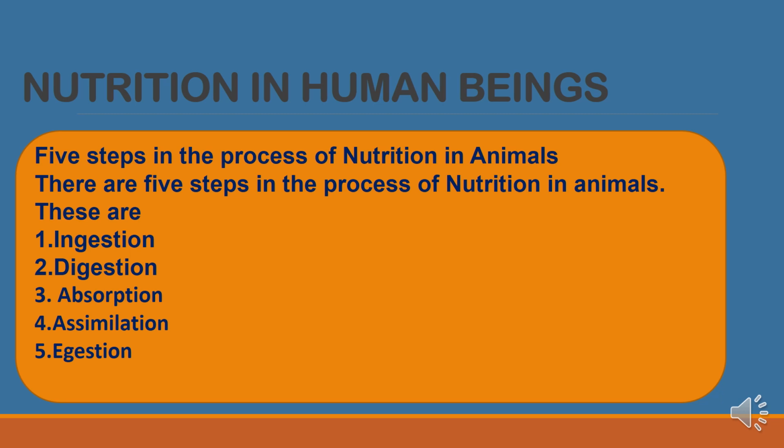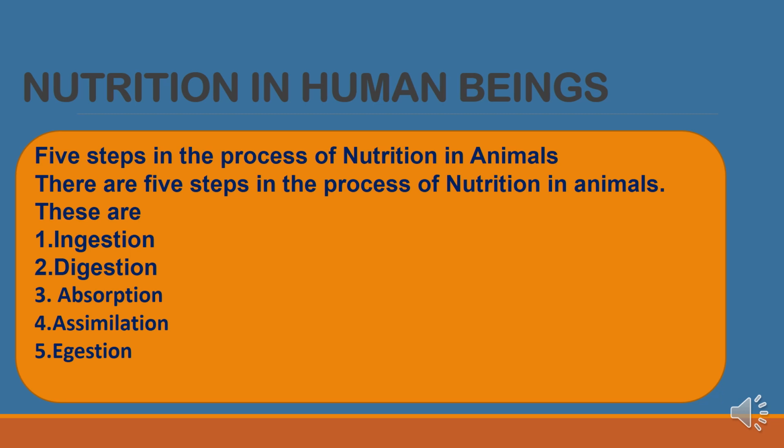Then the third step is absorption. After digestion, the molecules of food become very small and they can easily pass through the small intestine. So the main function of the intestine is absorption by finger-like projections, which are known as villi. Then assimilation.